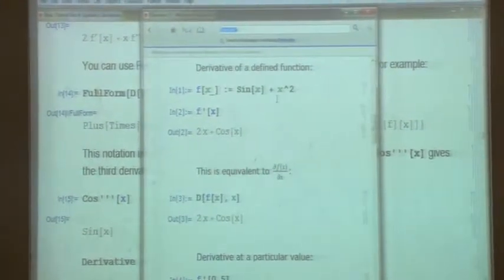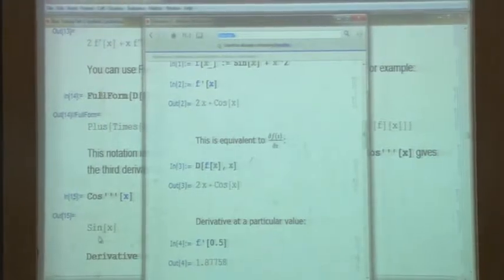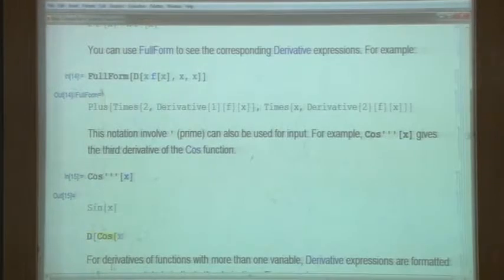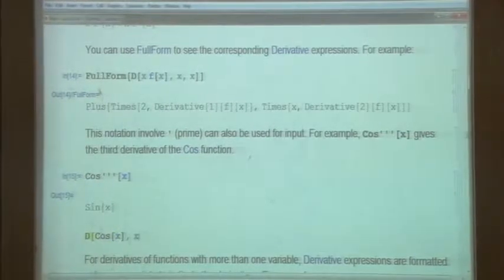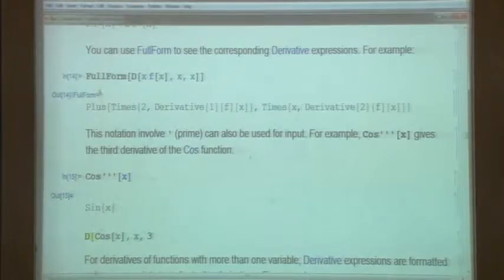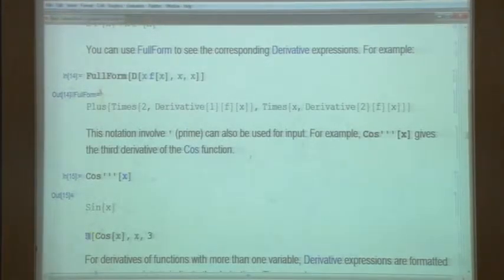Any ideas? We could use D, right? Cosine x for x, and then what? Would this work? Let's take a look.